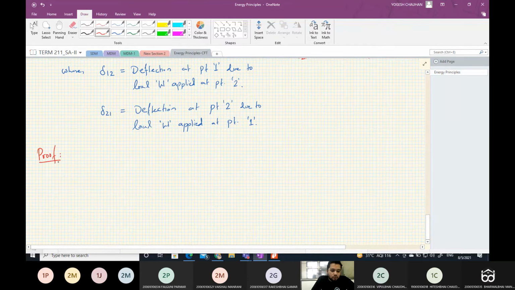So, to prove this, consider a beam AB, which is simply supported at the ends.